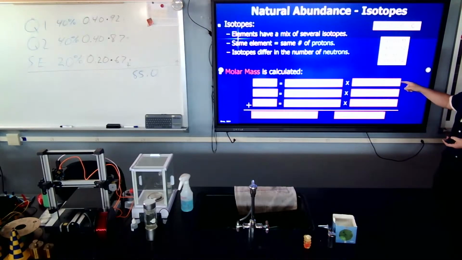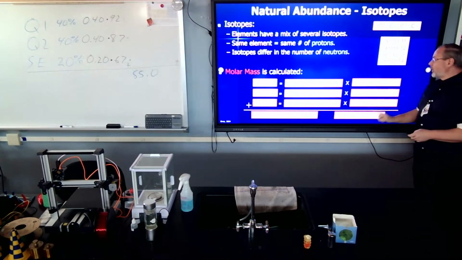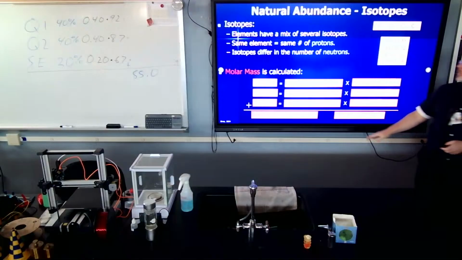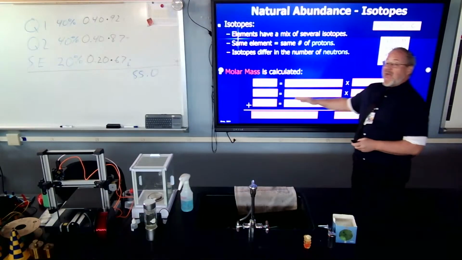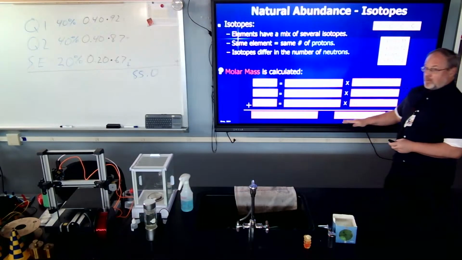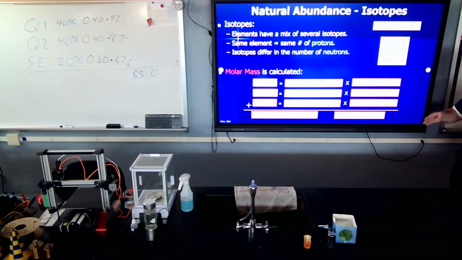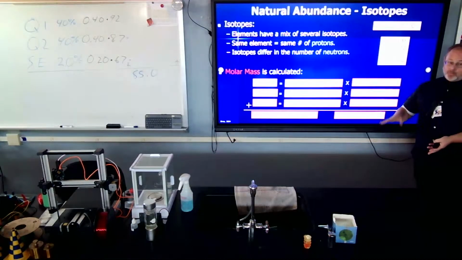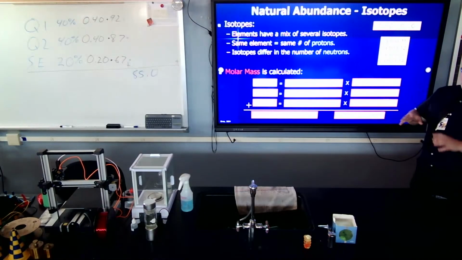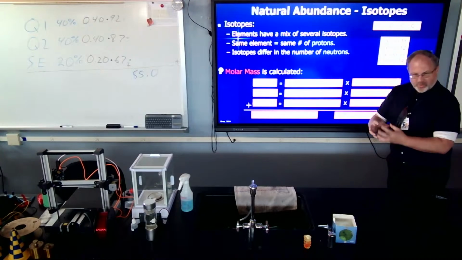AMU means atomic mass units, but we don't use that. We use a number called gram per mole. So when you have found your average atomic mass, we basically rename that gram per mole, or the molar mass. It is the mass of 1 mole of a substance.